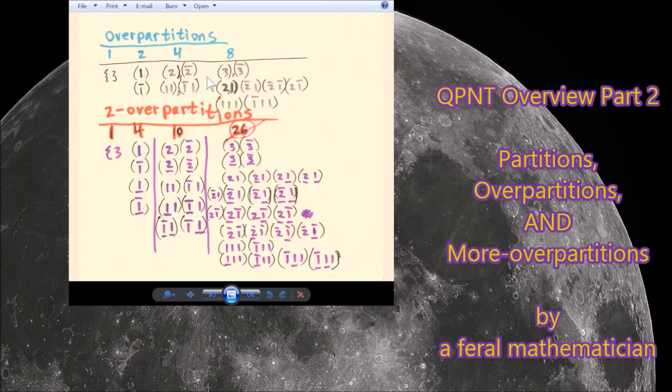So we can try something like that for 2 over partitions, and here's one scheme where I basically said, well, take each over partition as a distinct element, and we'll count them, and then we'll count by parts that may be underlined, sort of in a similar fashion.